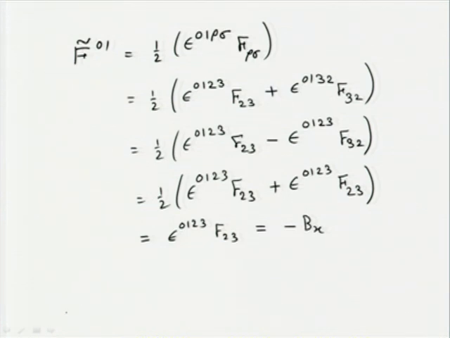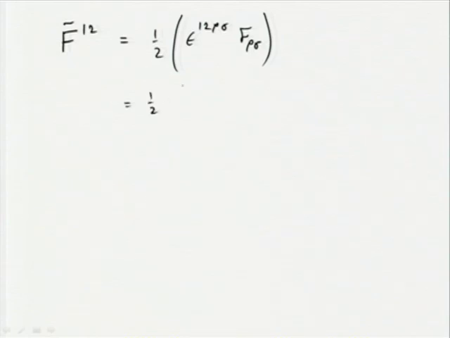In a similar fashion, you can do your homework and get F tilde 0 2 as minus By, and F tilde 0 3 as minus Bz. Okay?